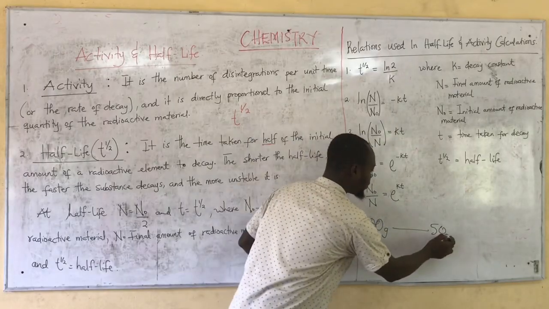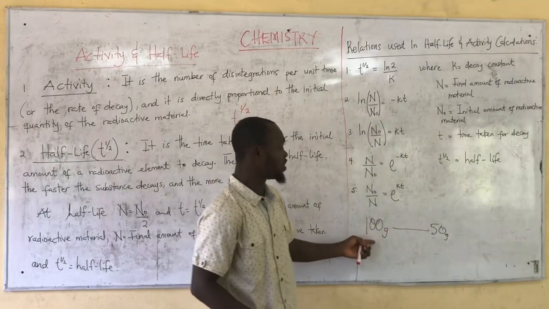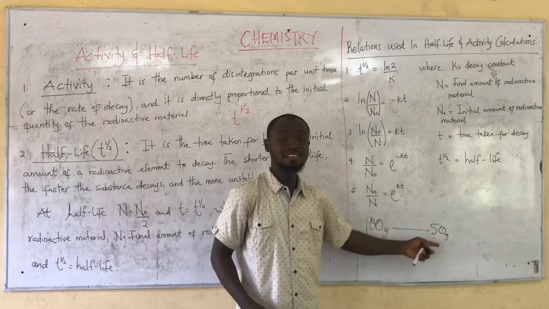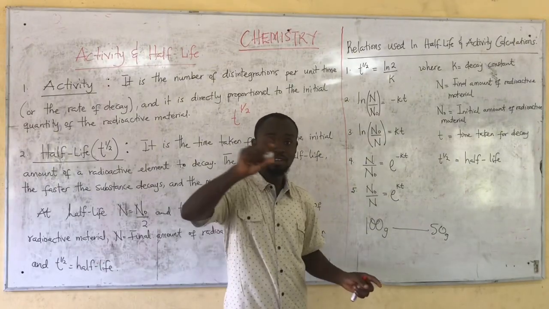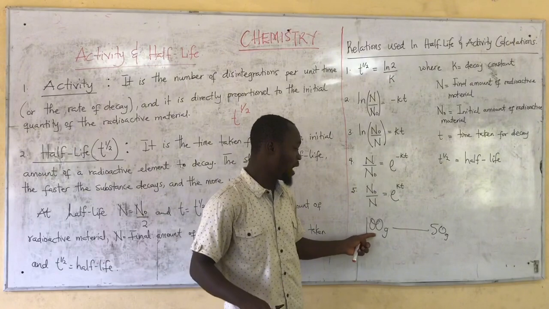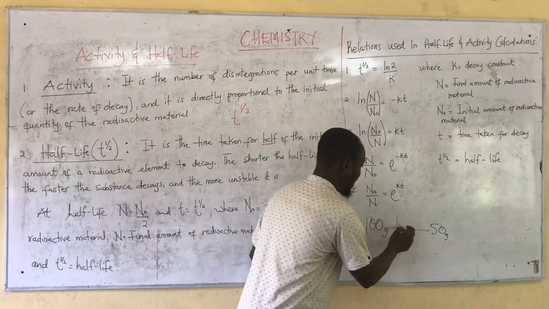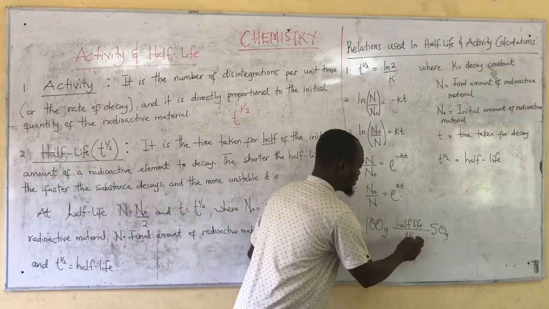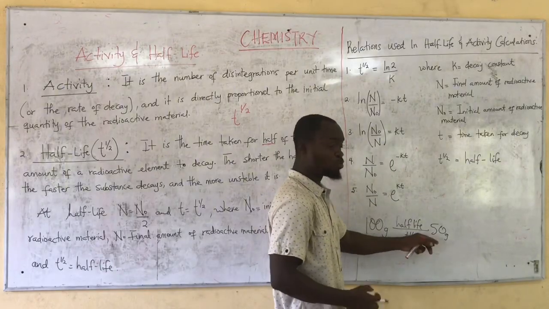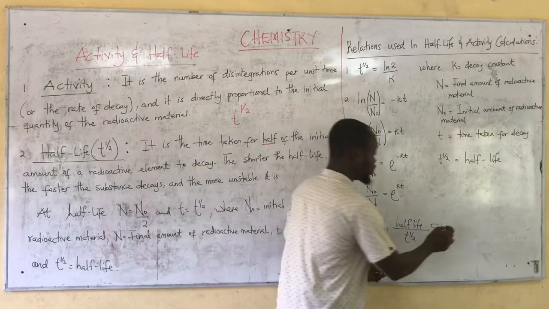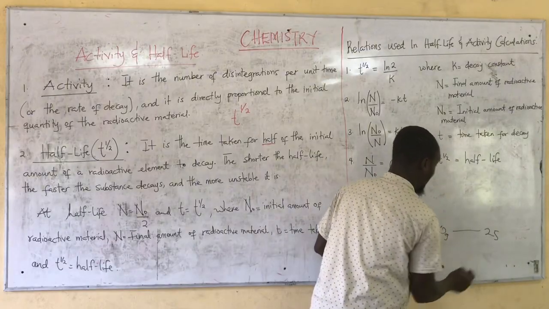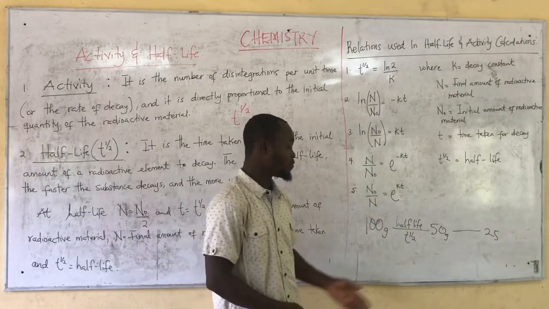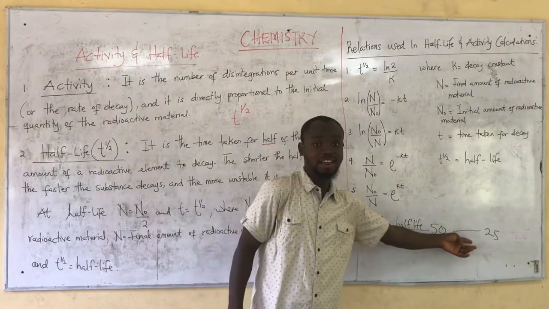The time taken for this radioactive element to change to 50, that is the half-life, and that is represented by T half. If 50 also breaks down into half, that is 25, we have another half-life. So this is the first half-life, this will be the second half-life.